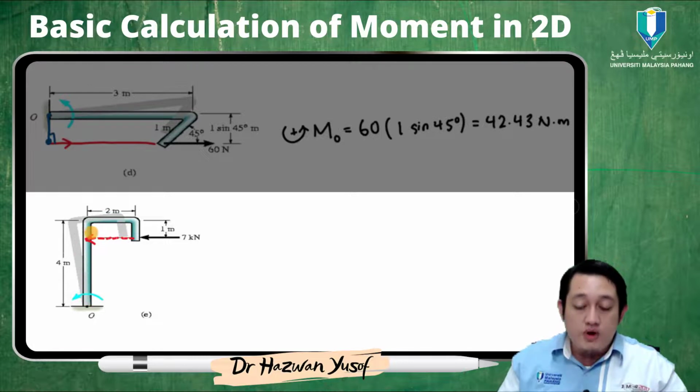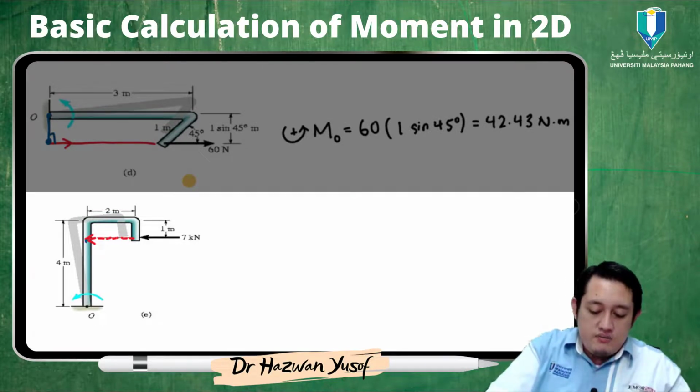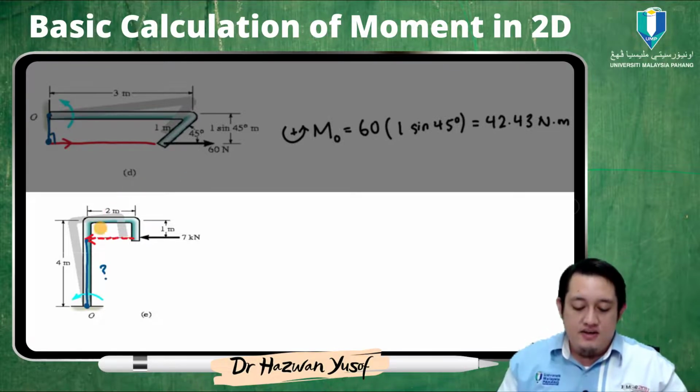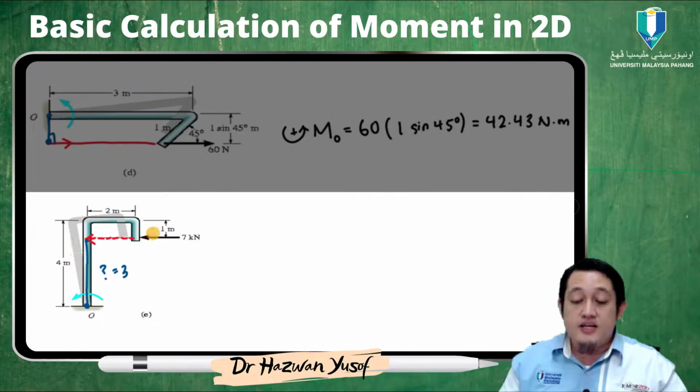As you can see clearly, the 90 degree distance is from here up until here. What is this distance? This one is 4, and from here to here is 1. So this distance equals 3 meters, 4 minus 1 meter.